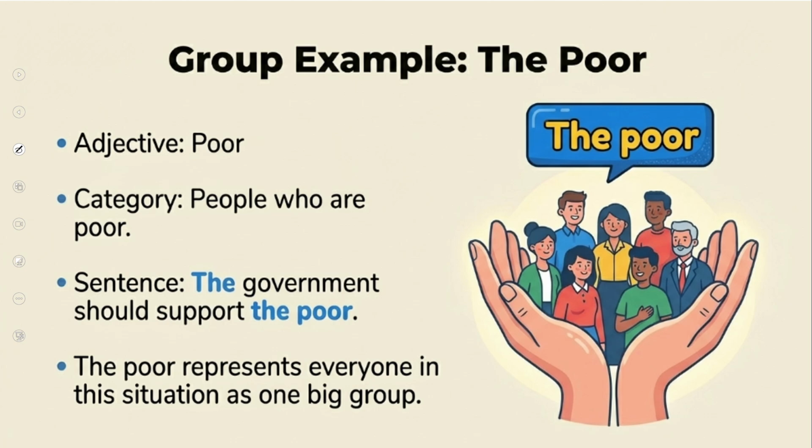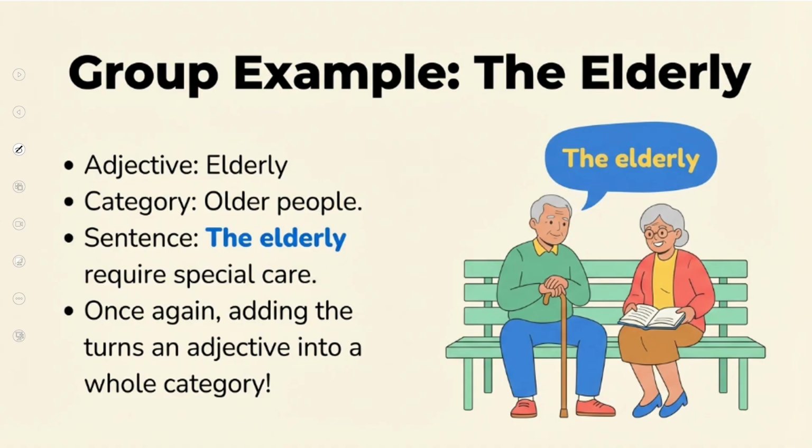Again, poor is an adjective, but if I add the with poor, it means the whole category, the whole group of people who are poor. And in this case, it's not acting as an adjective, it is acting as a noun. Now let's look at another example. Elderly means old people.